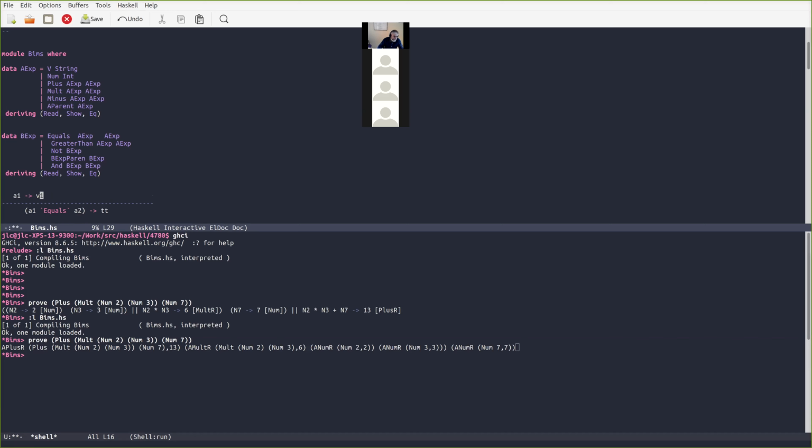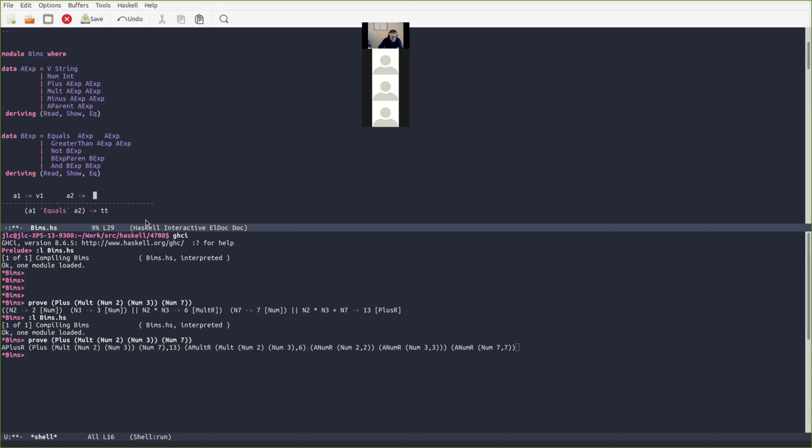Now, maybe this should have like a little A scrub, because this is the big step semantics for Booleans, and this is the big step semantics for A expressions. I don't know, maybe this looks better. But the A should cue you in, and the fact that this is a B expression should cue you in there.